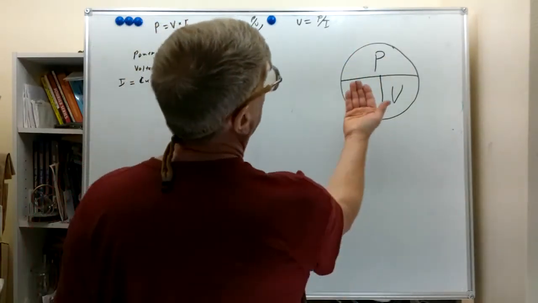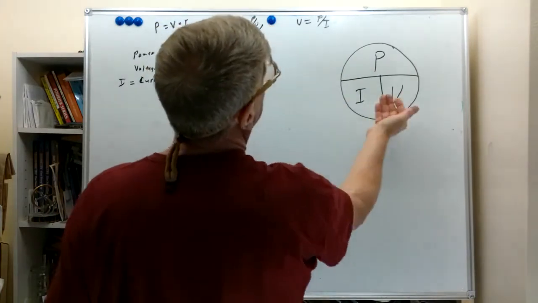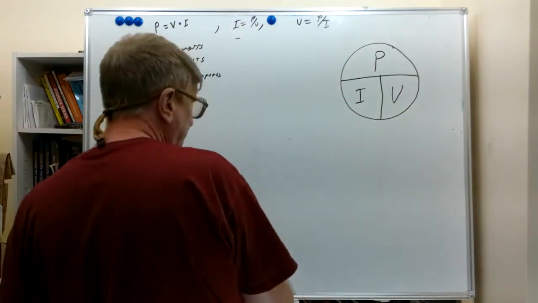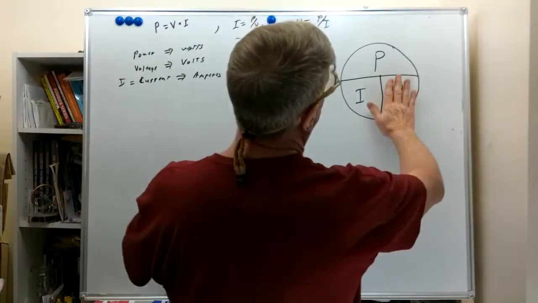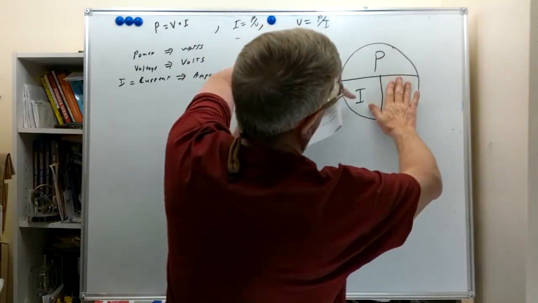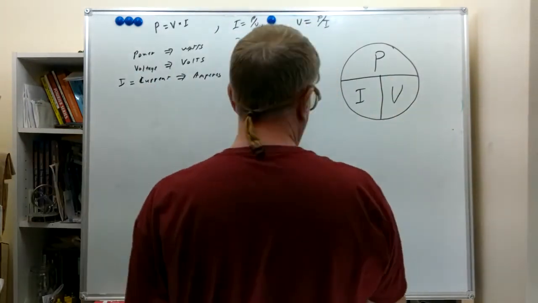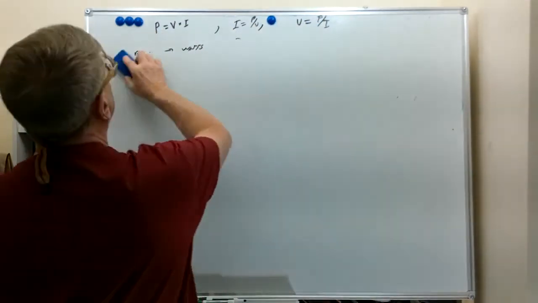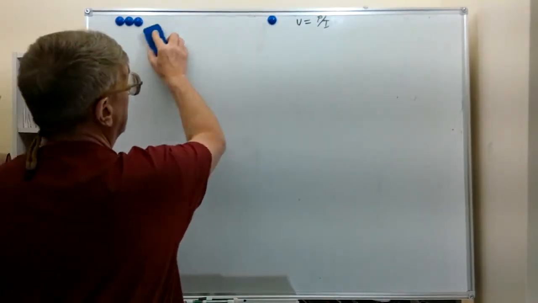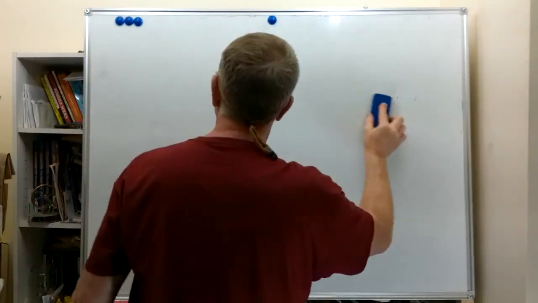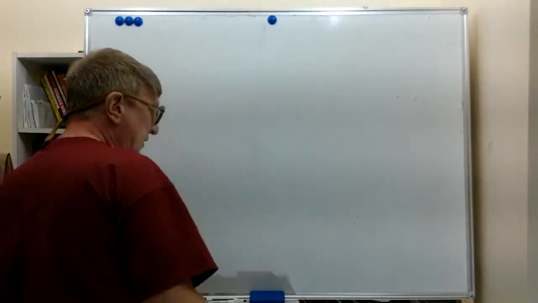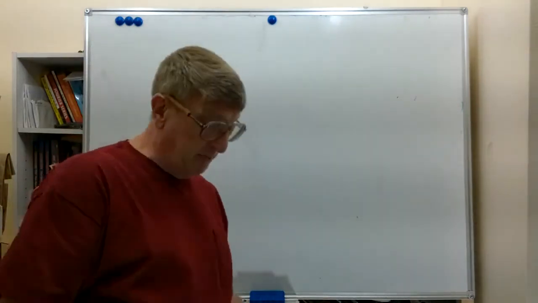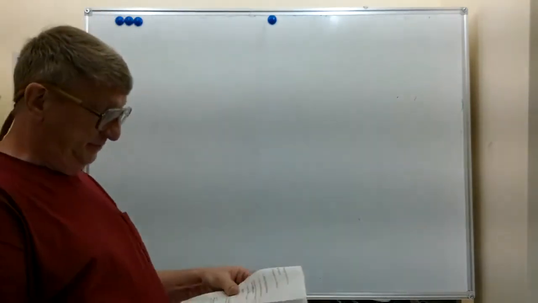We want to solve for current, we cover up the I, power divided by voltage. We want to find voltage, we cover up the V, and we get power divided by current. So we got three ways of representing those power formulas, and we saw how we manipulated them algebraically, and we also have seen a simple little memory aid to help us remember that.